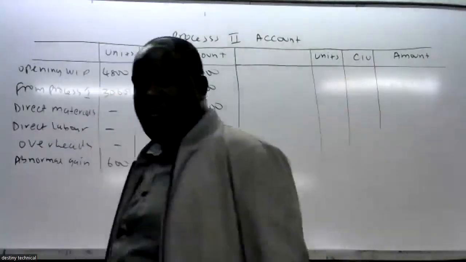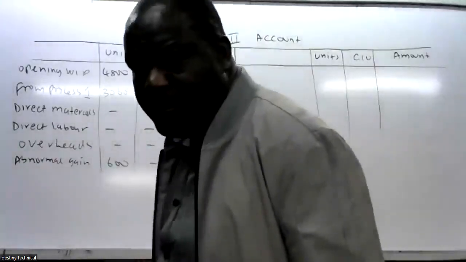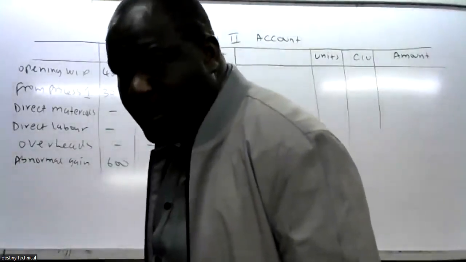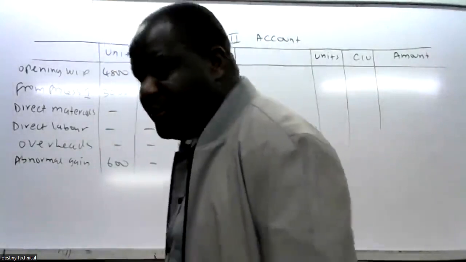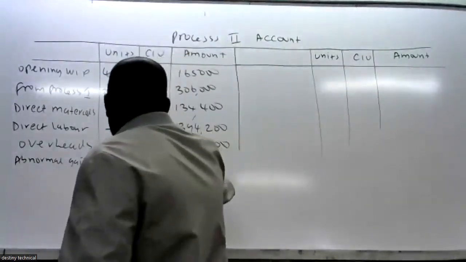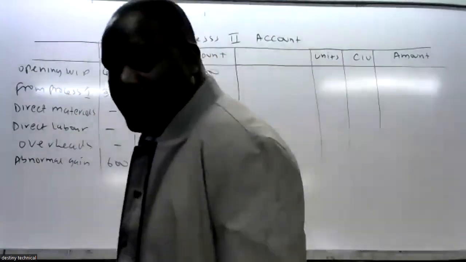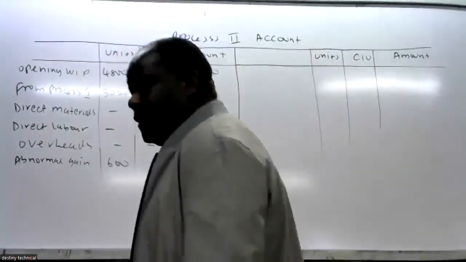So you did the valuation for the abnormal gain. I've seen a figure which I was given: 23,599.